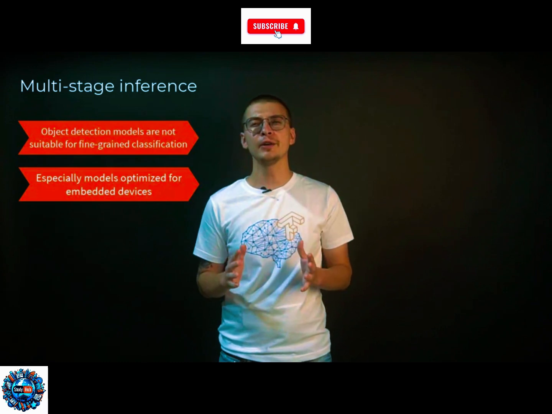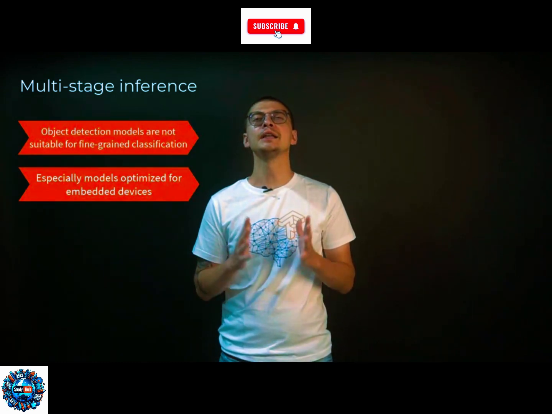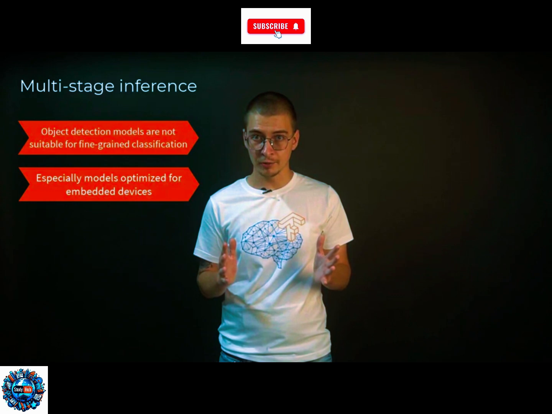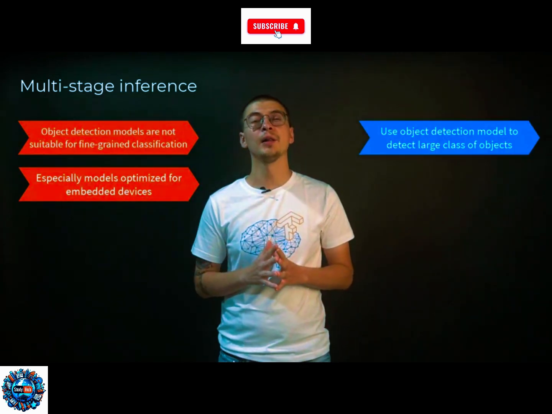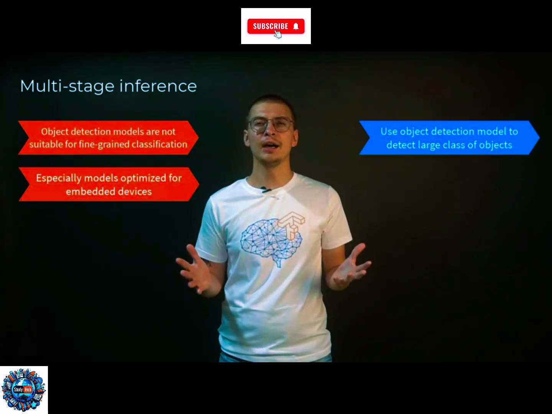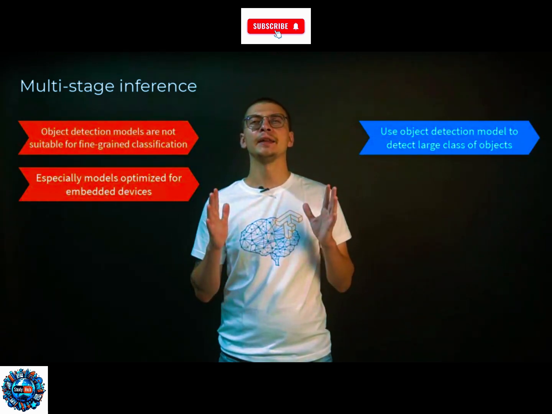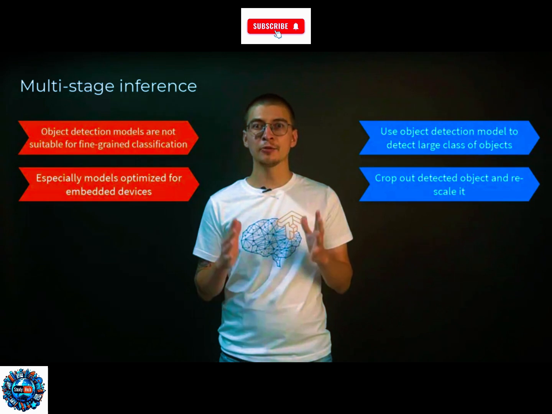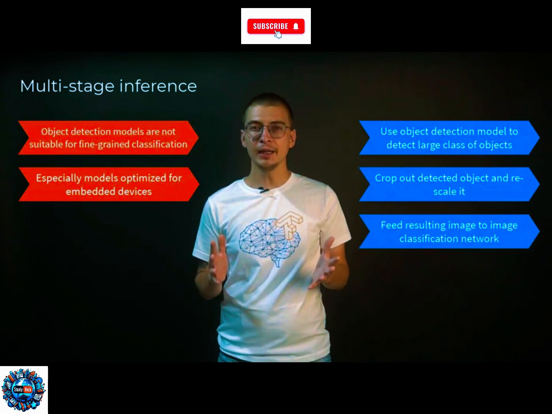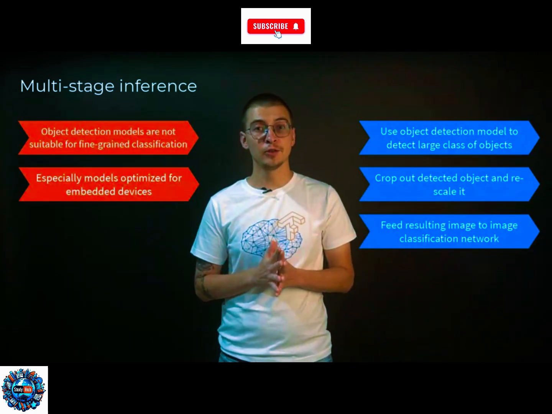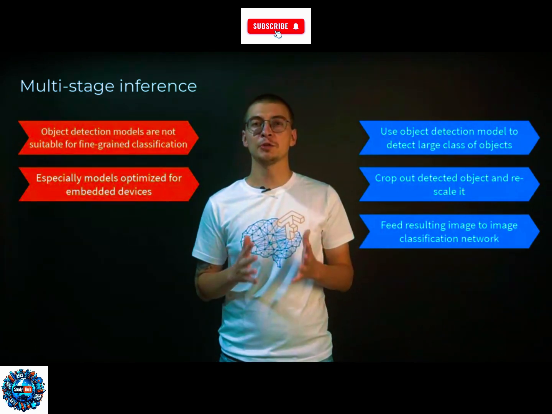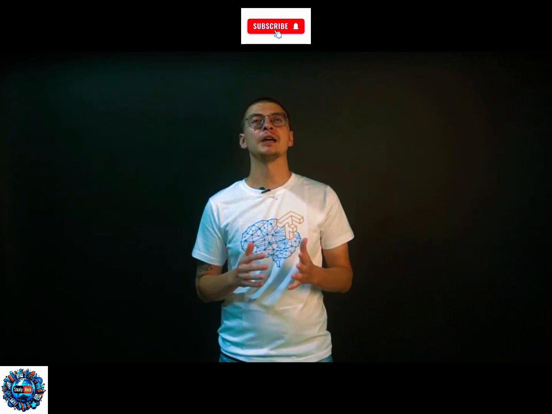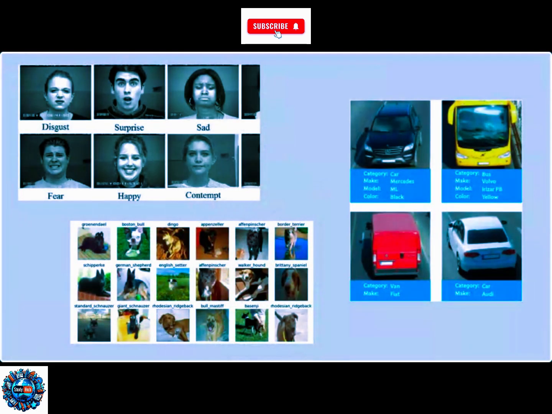So what we very often do is use an object detection network to detect a large class of objects, for example, a face or a car or a dog, and then crop out the image and rescale the result of detection to be fed to an image classification network, which gives a much more nuanced output. For example, the emotion on the face, car model, or dog breed.